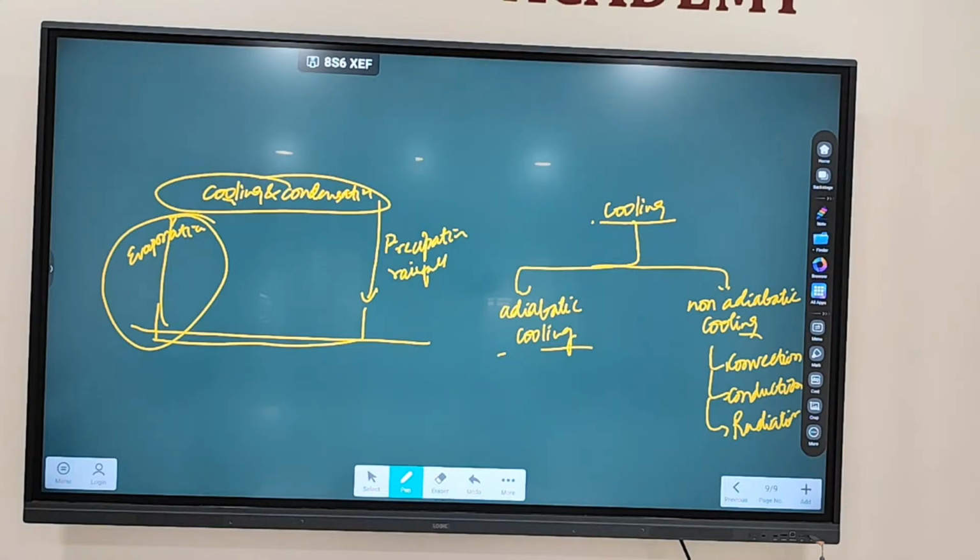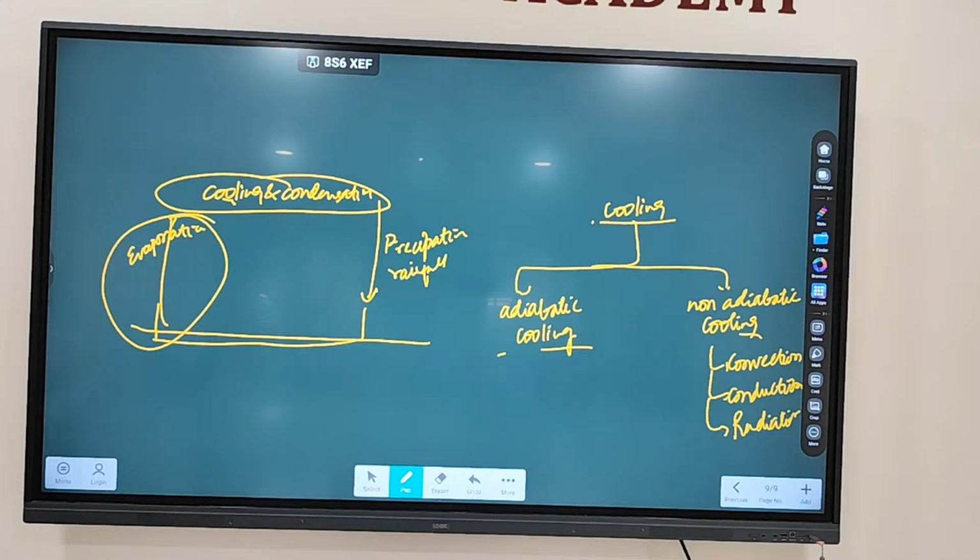Lapse rate means as you are going up, temperature should decrease. So in adiabatic also, as you go up, temperature will decrease. That's why we have written 9.8 degrees Celsius per kilometer. Temperature decreases by 9.8 degrees Celsius per kilometer. Clear?